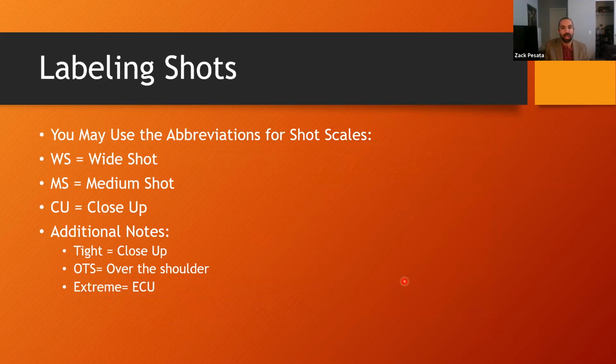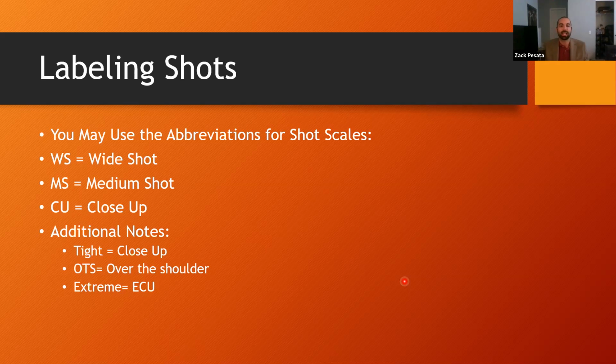Now, labeling shots. When you break down a shot for all five ounces of cinematography, which you will do, I need to know what the shot is before you break down the rest of it. So you need to label the shot, specifically label the setup. For shot scales, use abbreviations. For a wide shot, use WS.